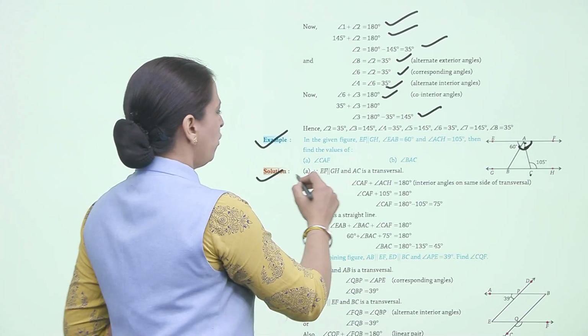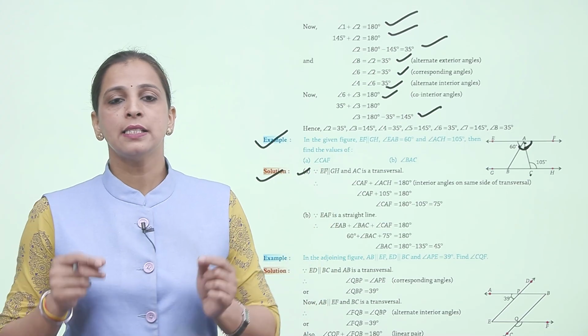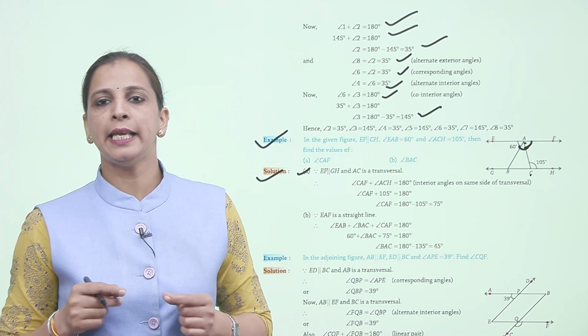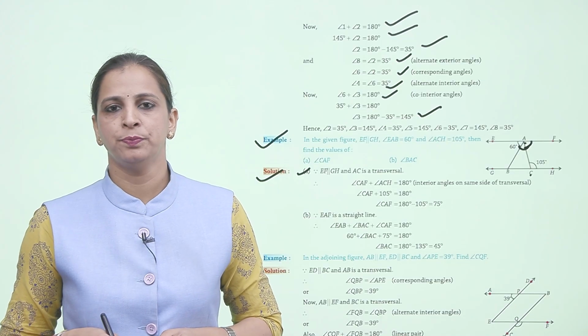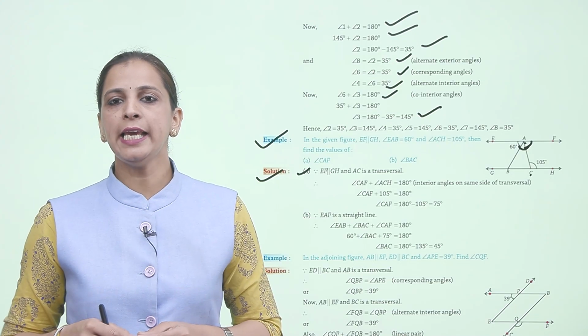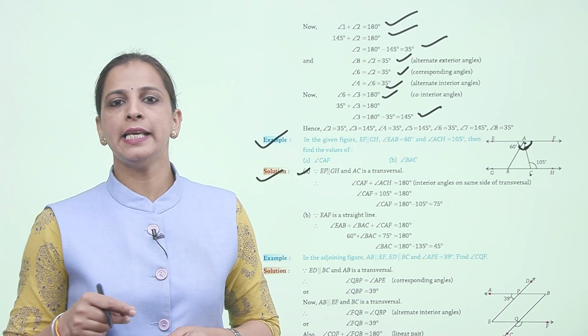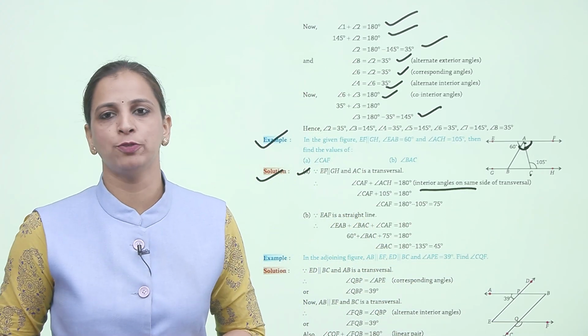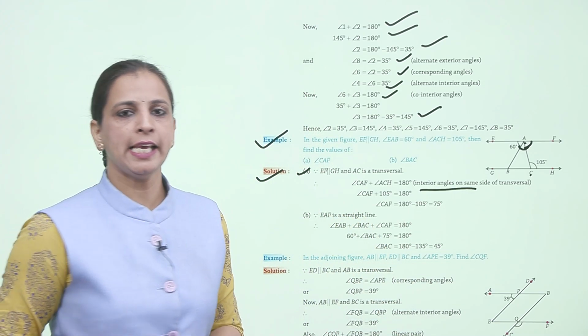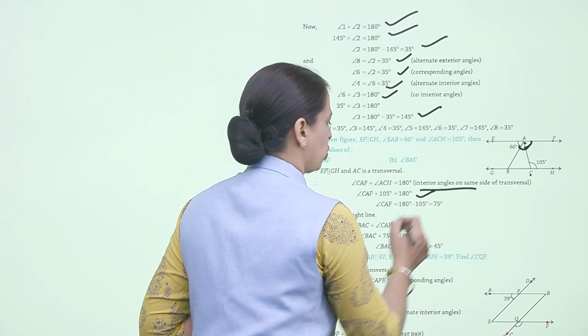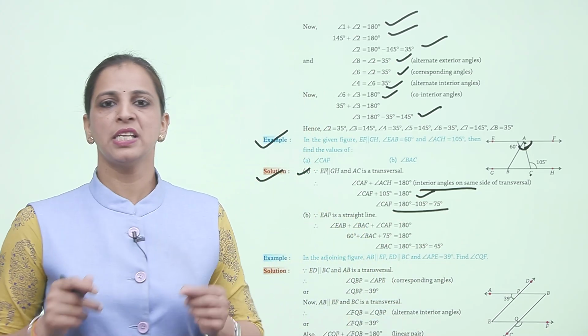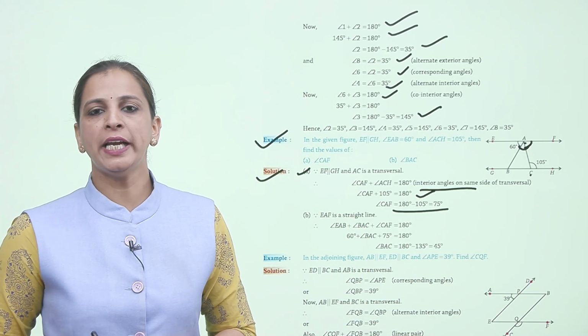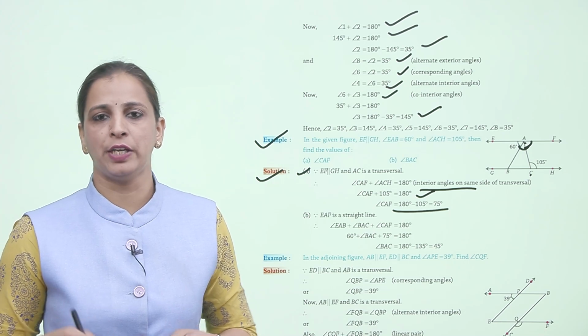First, as EF is parallel to GH and AC is the transversal, angle CAF plus angle ACH is equal to 180 degrees, interior angles on the same side of the transversal. Angle CAF plus 105 degrees is equal to 180. So angle CAF is equal to 180 minus 105, that is 75 degrees.